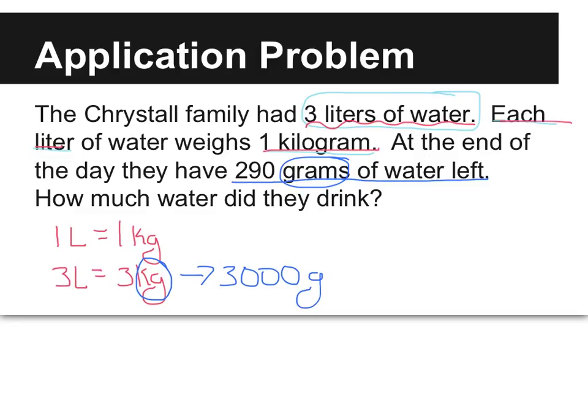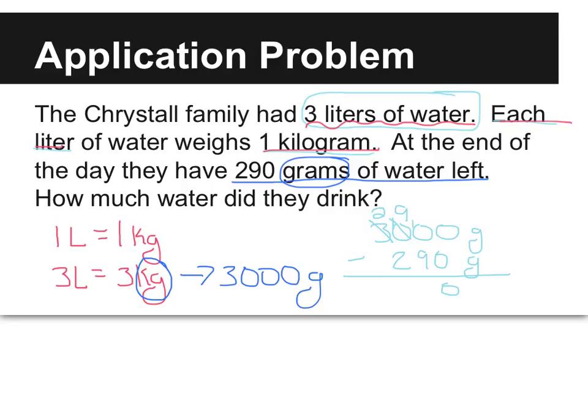So to find my answer, I will take 3,000 grams, because that's how much the Crystal family started with, and I will subtract 290 grams, because that's how much they had left at the end of the day. 0 minus 0 is 0. I can't do 0 minus 9, so I need to borrow. Make that a 10.